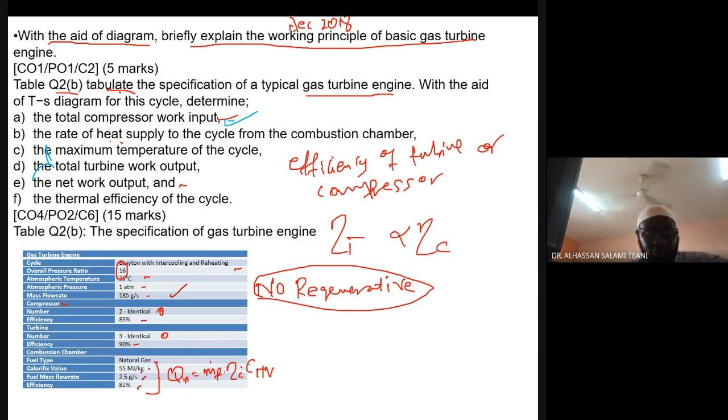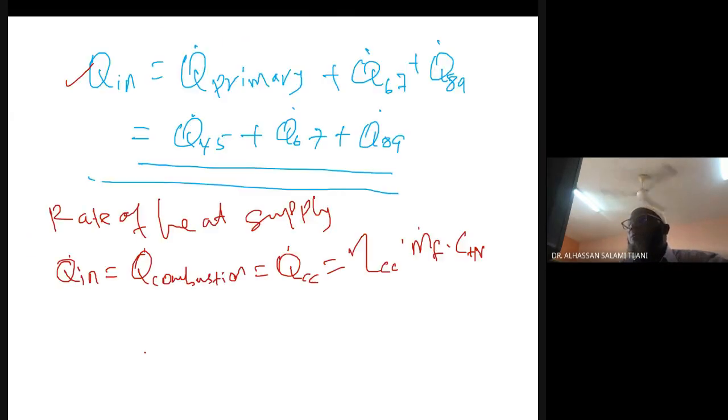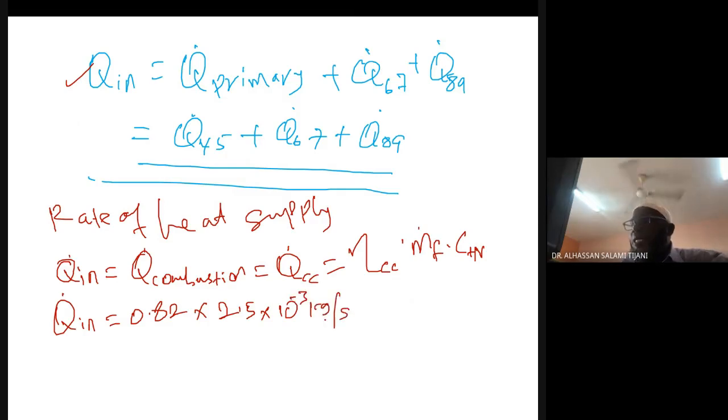So my Q in equals the combustion efficiency, which is 0.82, times the mass flow rate of the fuel, 2.5 times 10 raised to the power minus 3 kilograms per second, and finally times the calorific heating value.